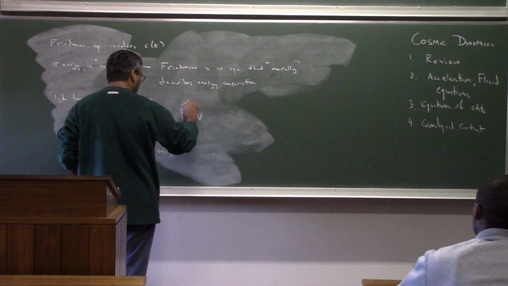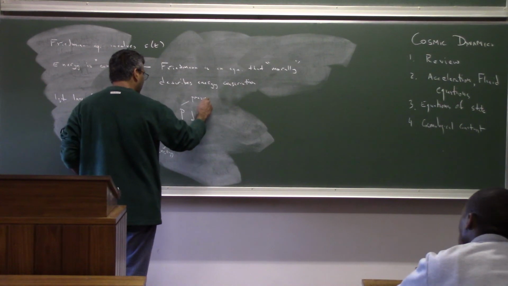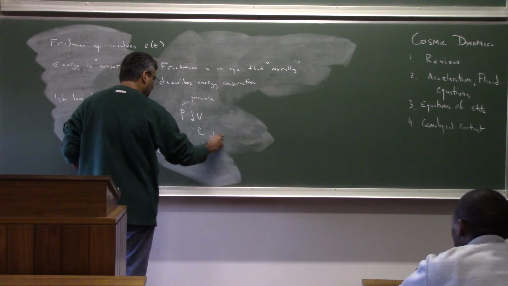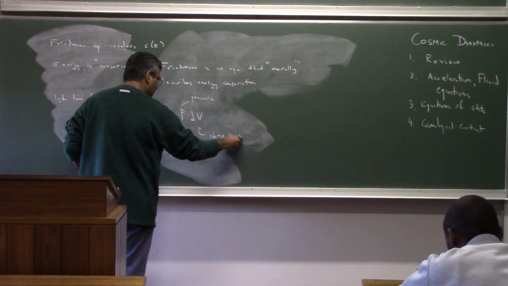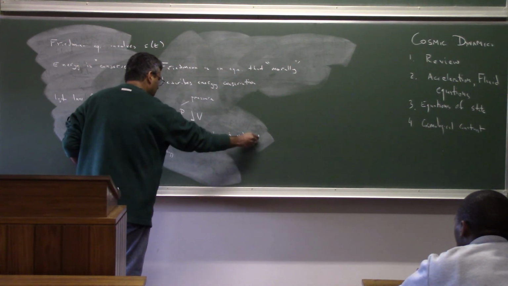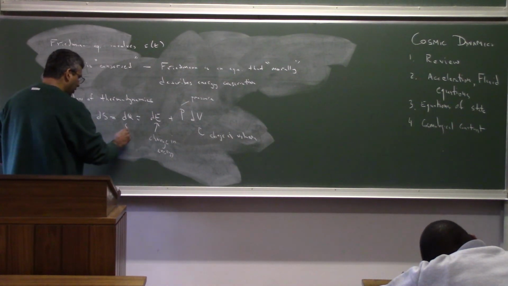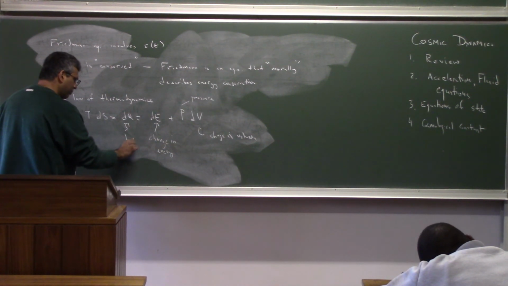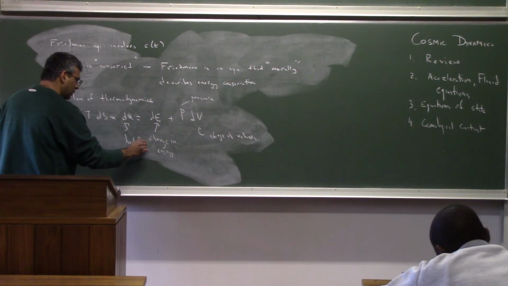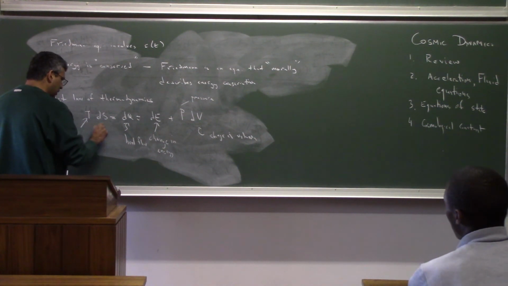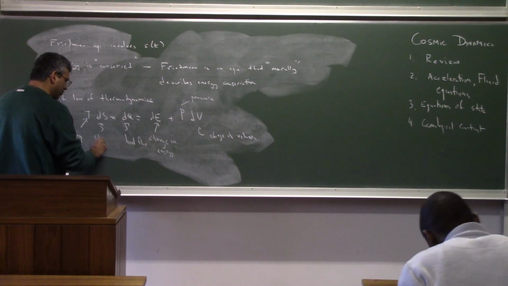And this is related to pressure and the change in the volume. And dQ is the heat flow. T is temperature. And dS is the change in the entropy.